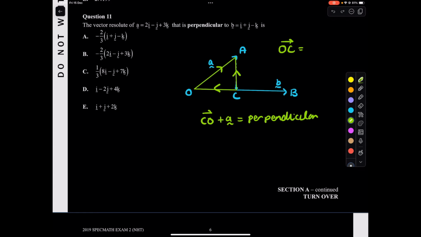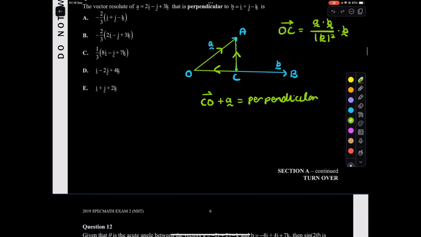And we know the equation for that, it's what? It's (A dot B over B squared) times B. This is a formula you should know. So the vector resolute of A parallel to B is this. That's OC. So imagine like minusing it.